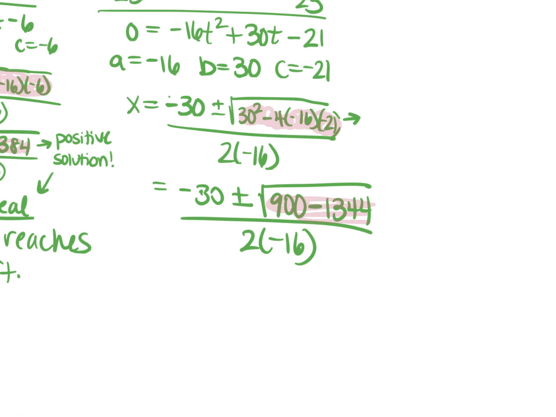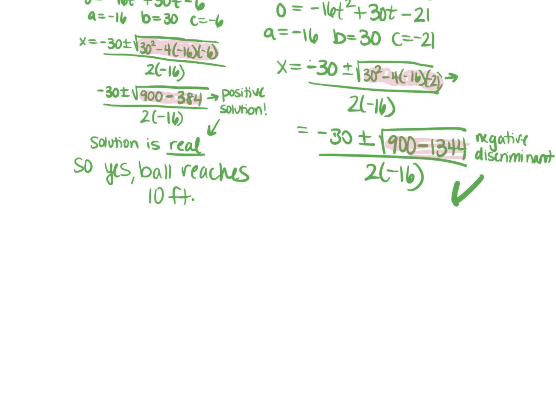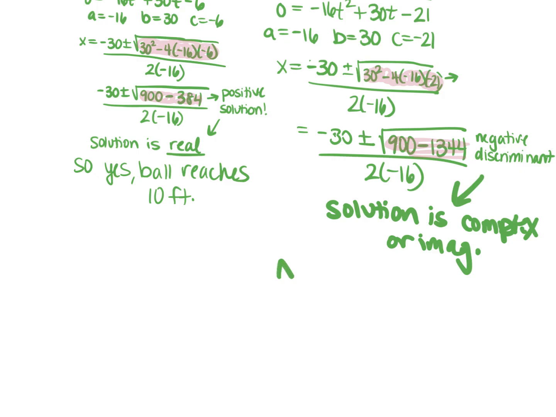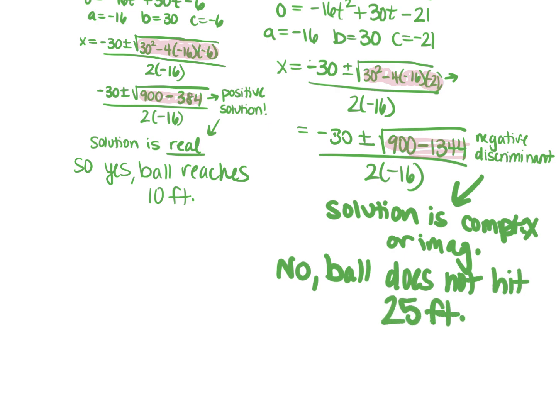We're going to get a negative discriminant. So that means the solution is complex or imaginary. So we would say no, the ball does not hit 25 feet. Okay?